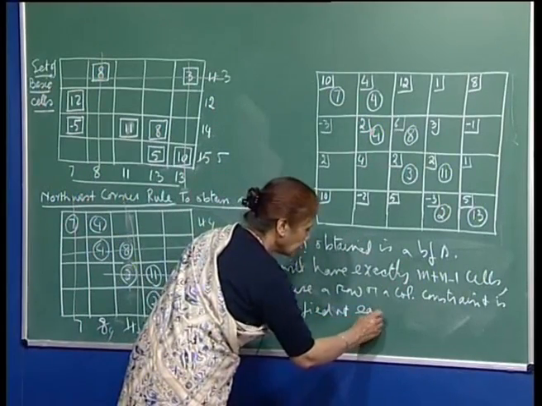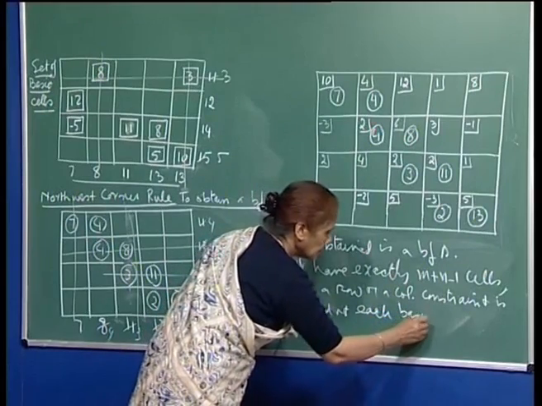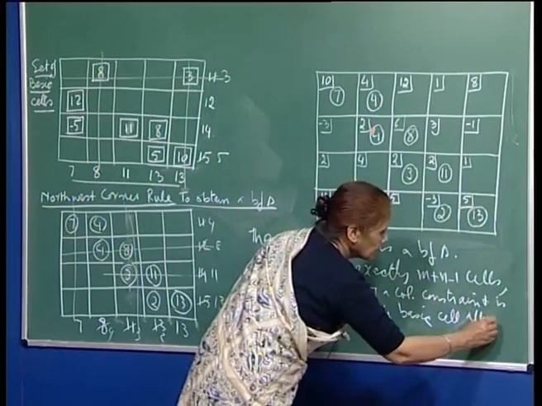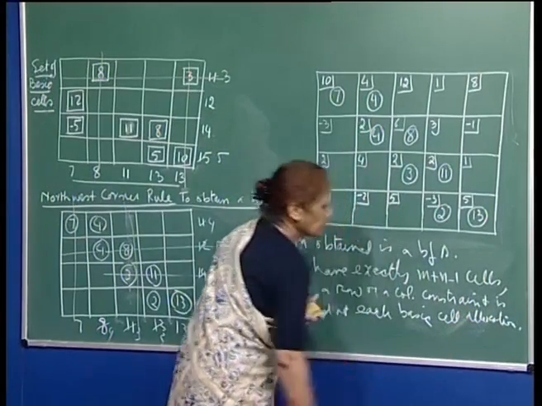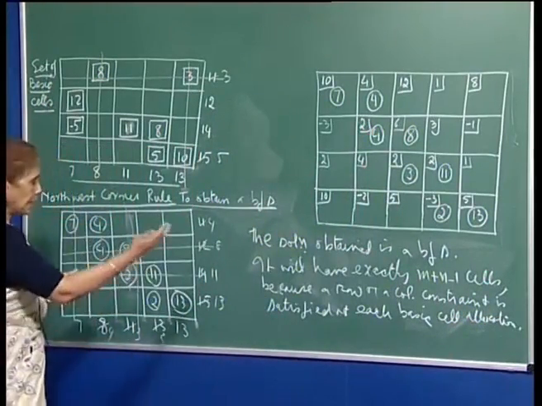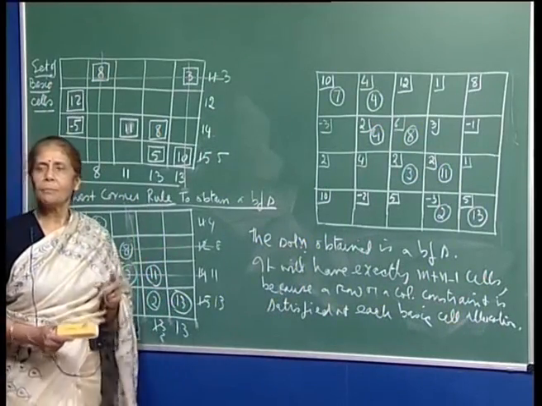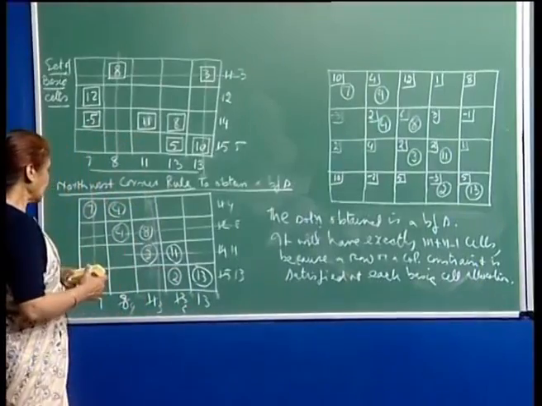So, because the last one will get satisfied automatically, exactly m plus n minus 1 cells will be allocated.